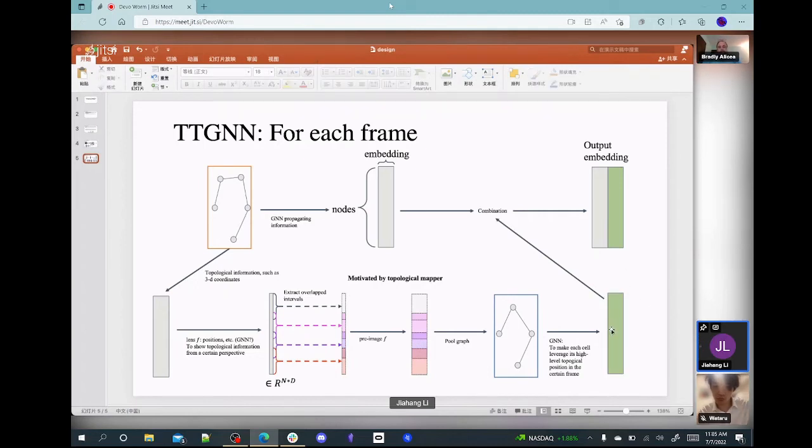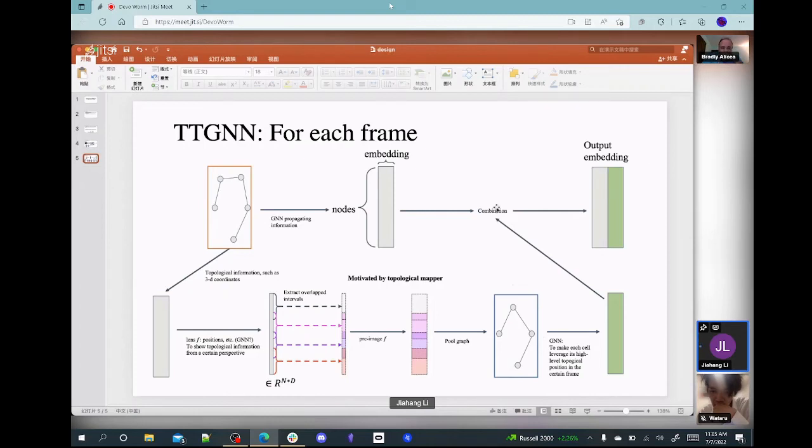We'll find that this embedding is actually for the nodes in this graph instead of the original graph. So we combine the embedding here and this embedding, we combine these two embeddings to form the output embedding.